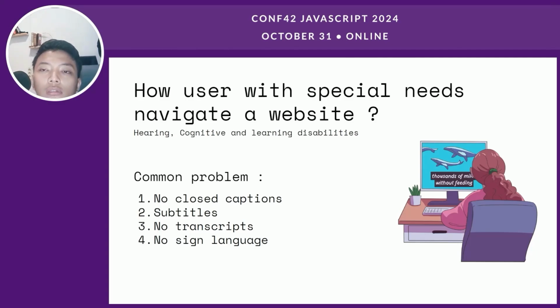Last but not least, the case of hearing and cognitive learning disabilities is also the same. For people with cognitive and learning disabilities, maybe closed captions, subtitles, and even higher-level sign language are not in your content, which is a problem. So we need to fix it. How are we going to fix it?